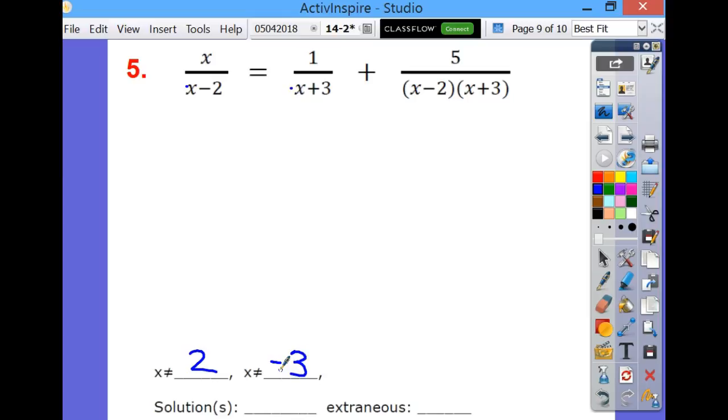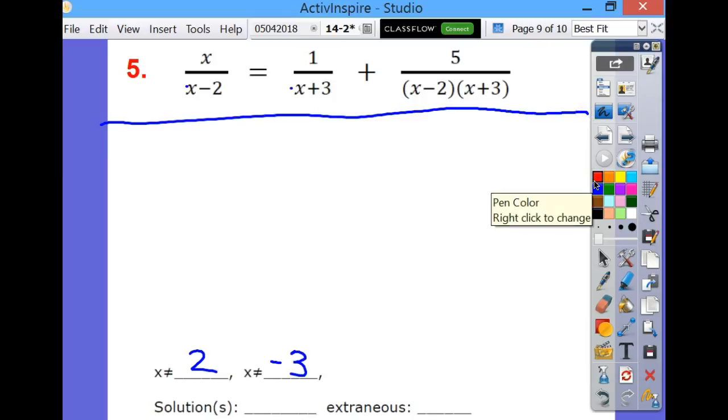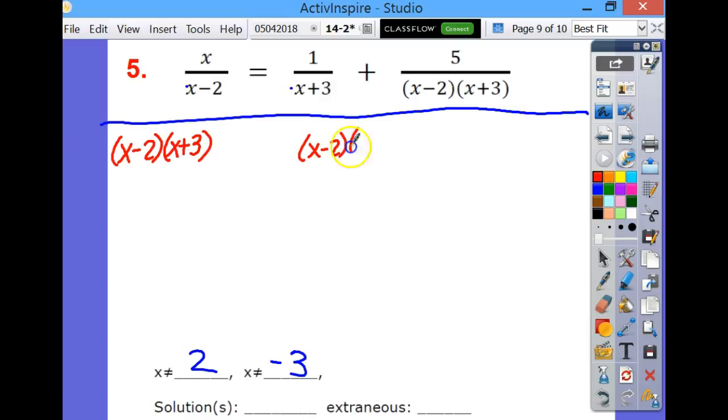Let's go ahead and complete this problem. We're going to multiply by what? Least common denominator. We are going to multiply everything by the least common denominator.